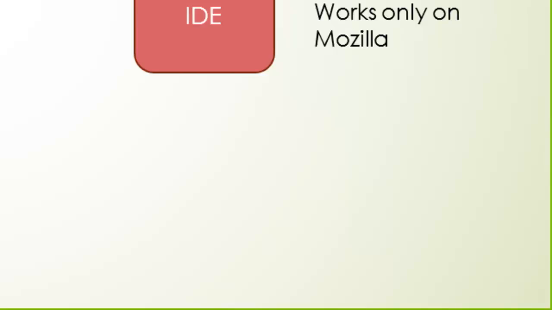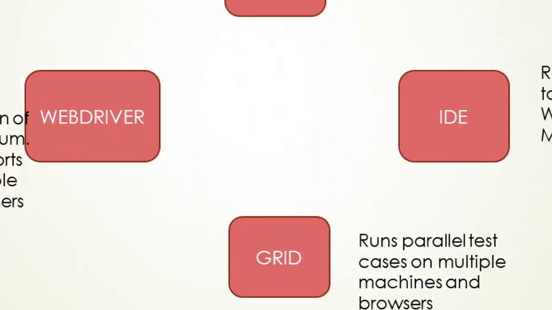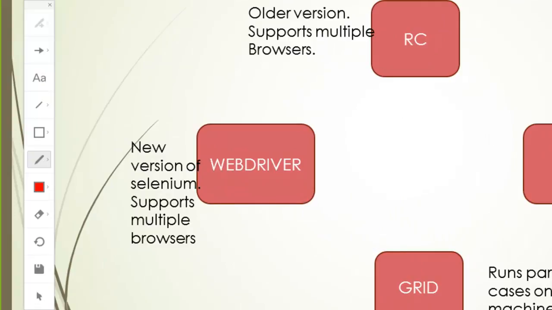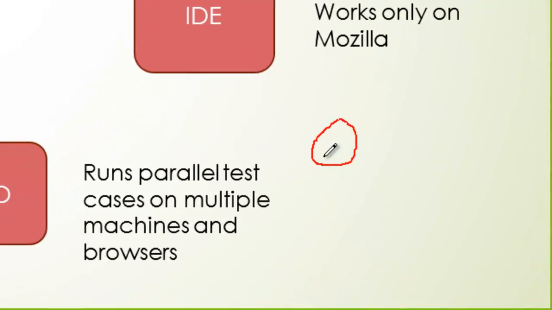Alright, and then the next component that came up is Grid. Grid is combined with the WebDriver, and then you create your test cases. You write your code which helps you to run the test cases in parallel. That is, you have your central machine and you connect multiple machines to this machine.